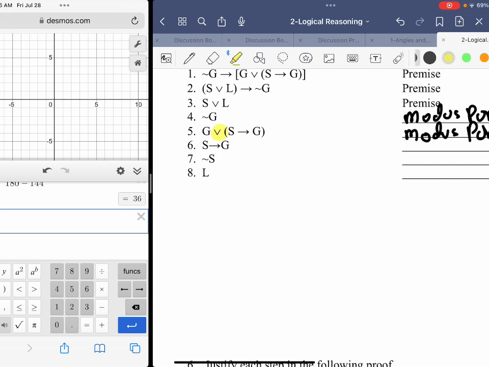All right, so we could use any of the premises and or the stuff that we proved to prove the stuff that comes along afterwards. All right, anytime I want to release a component from a sentence, we have the connective, we have the two statements, right? If I want to split the sentence up into statements by the connective, and that connective is either an and or an or, I could use law of disjunctive inference.